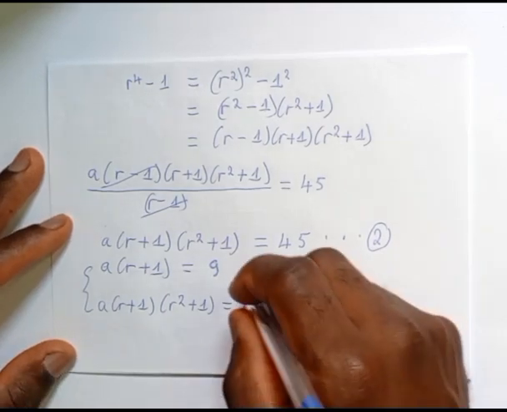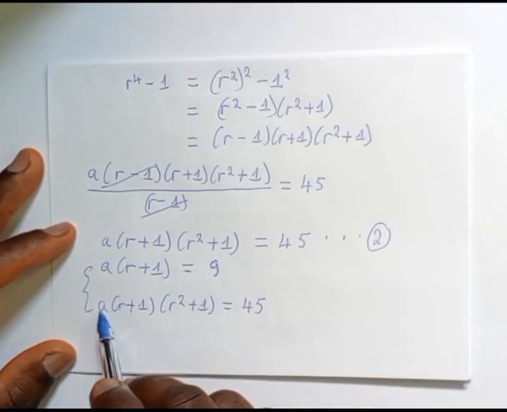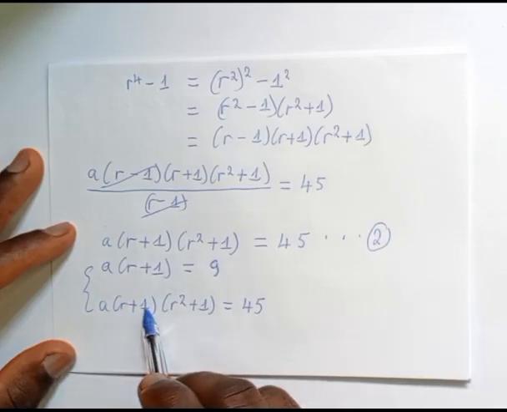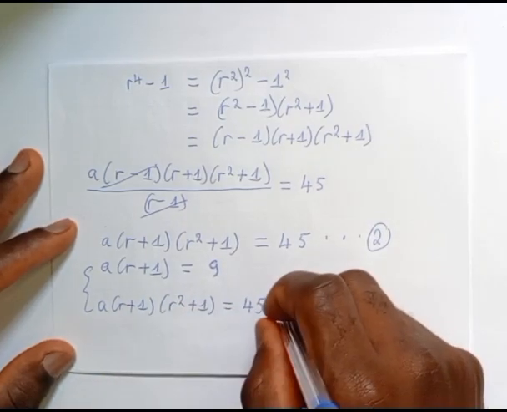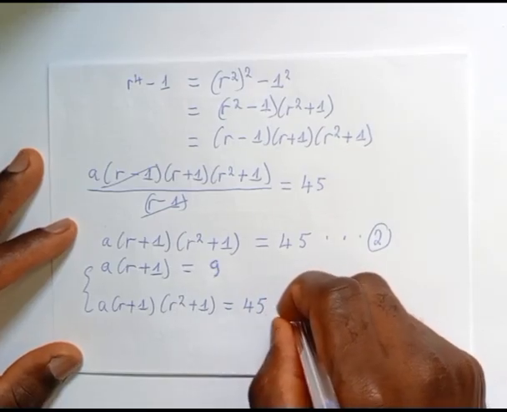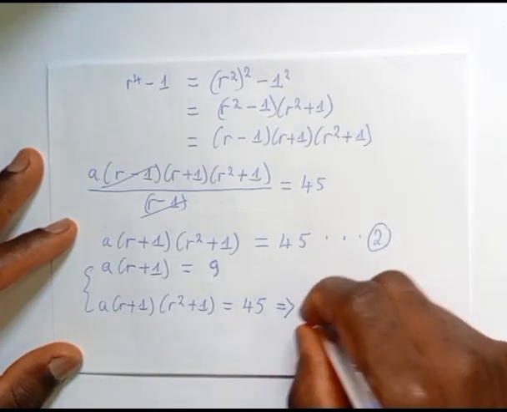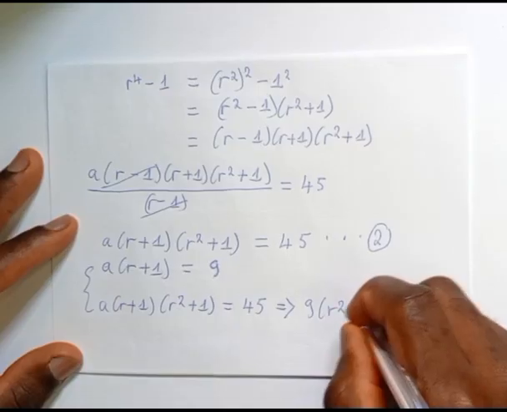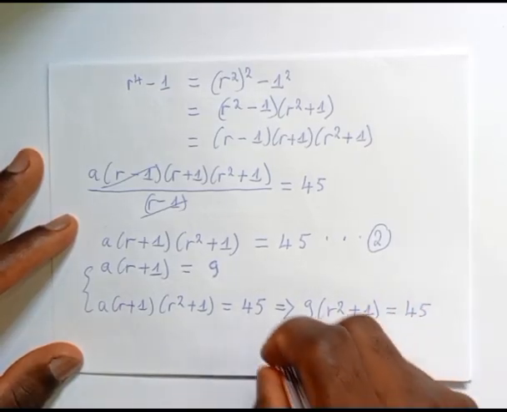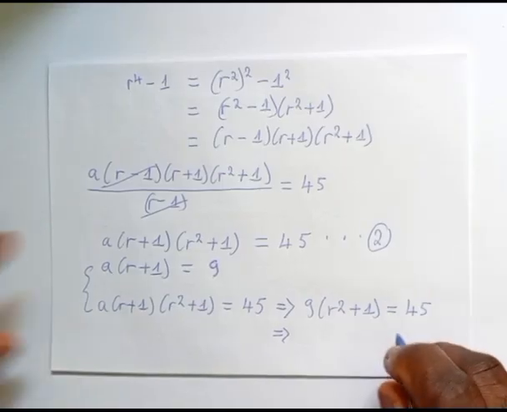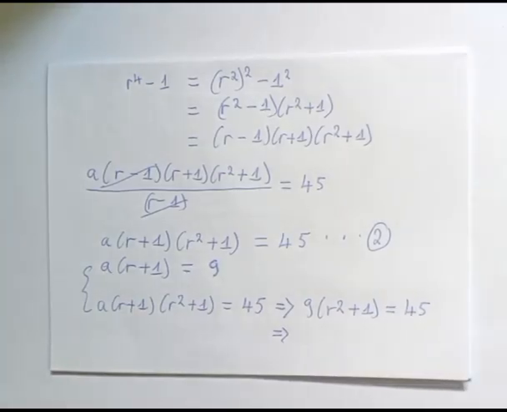From equation 1, we are going to replace this a times r plus 1 with 9. This will give us 9 times r squared plus 1 will be equal to 45. Then we are going to divide all through by 9.